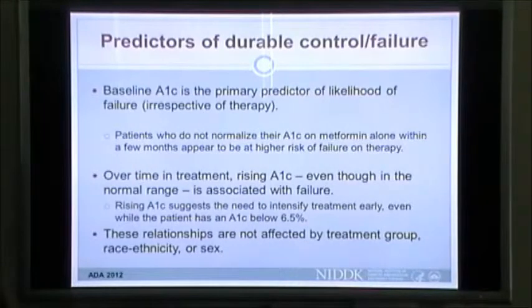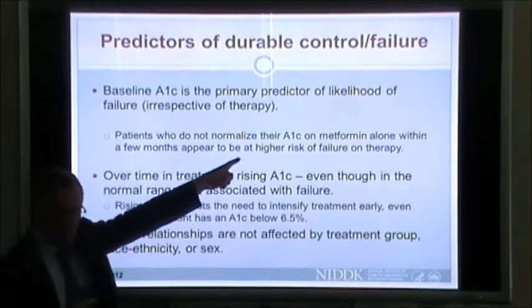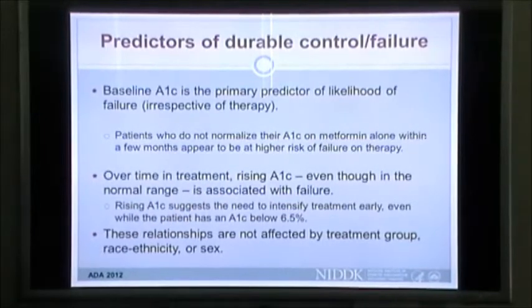And essentially, patients who do not normalize their A1C on metformin alone within a few months will be at higher risk of failure of therapy. Not decrease it to the ADA target of 7% or 6.5%, but non-diabetic A1C. Normalize their A1C.